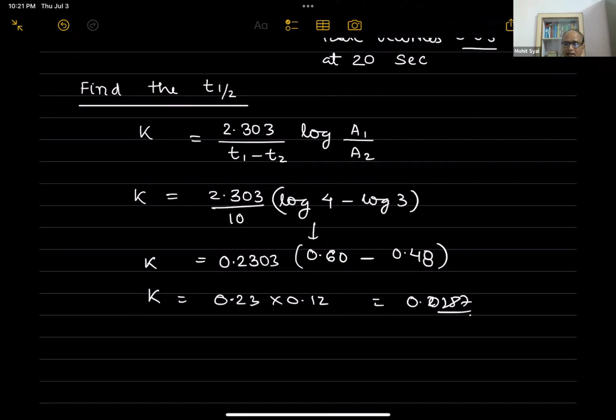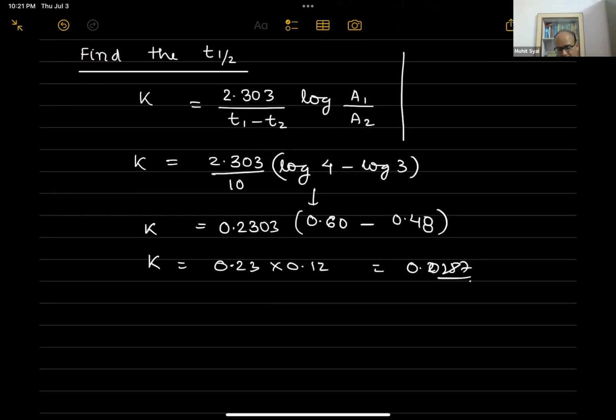Jaslin, is it clear? Yes, sir. Once we have K, we can figure out the half-life from 0.693 by K.